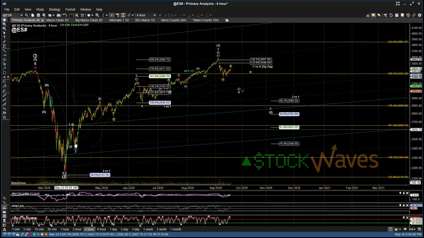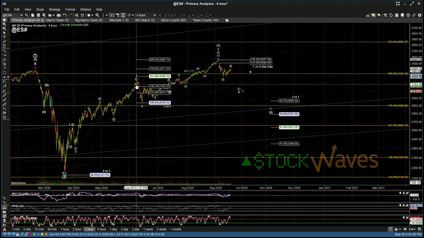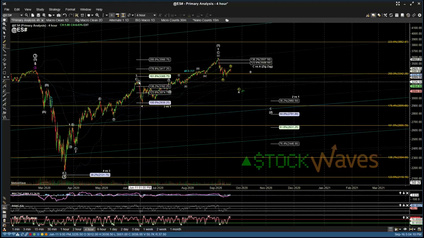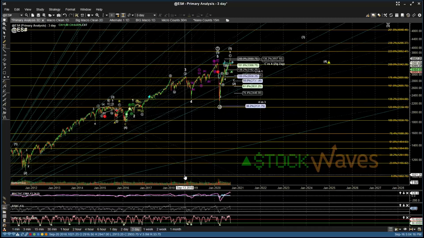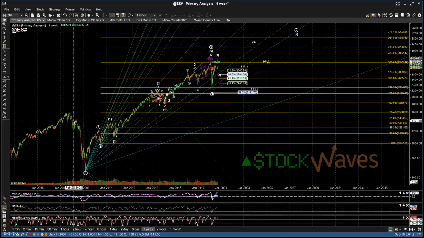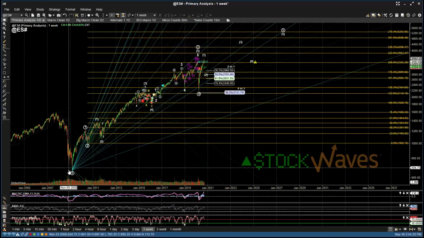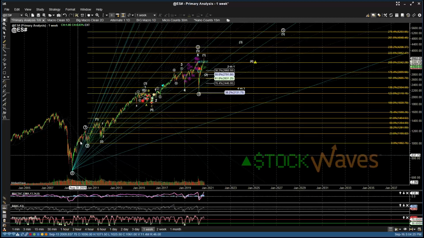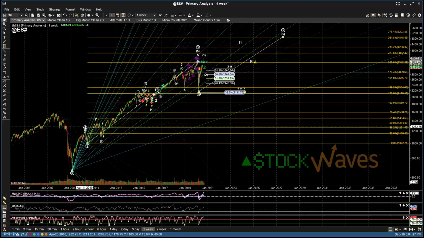Now, when we were initially counting this off the low, a more proportionate normal extension for wave 1 of a bigger 5th wave, and here I'm going to zoom out so that we can see the larger structure that we're looking at. I need to go to a weekly to get everything in, is off of the 2009 low. We have a primary degree wave 1.